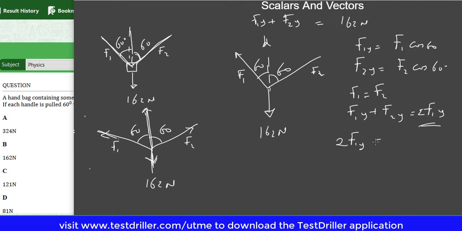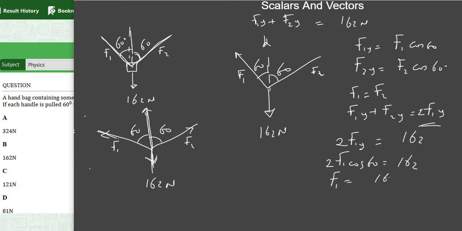is equal to 162 Newton. So what is F1y? That's 2F1 cos 60 equals 162. Then we have F1 is equal to 162 over 2 cos 60. So what's cos 60? That's 0.5.